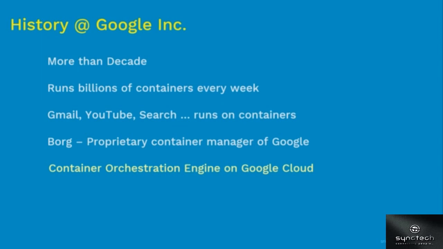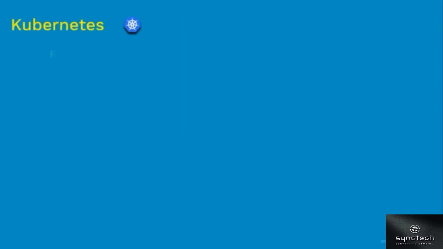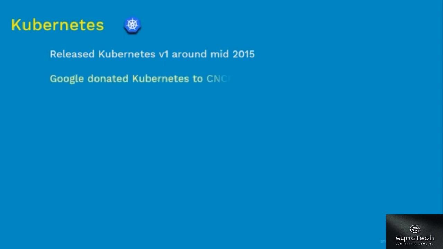Google announced Kubernetes to the outside world by the end of mid-2014, but the actual Kubernetes v1 was released around mid-2015. Around the same time, Google donated Kubernetes to CNCF. For those not familiar with the Cloud Native Computing Foundation, in short CNCF, it is a vendor-neutral home for many of the fastest growing projects on GitHub, including Kubernetes, Prometheus, and Envoy.